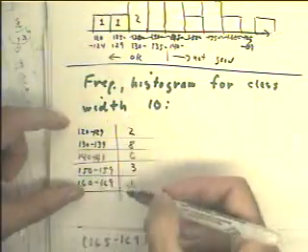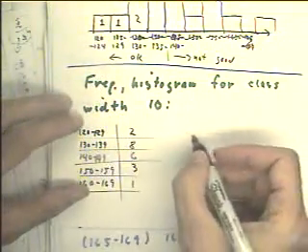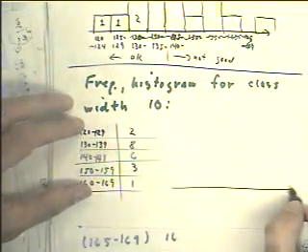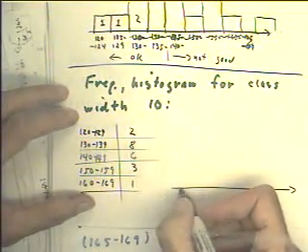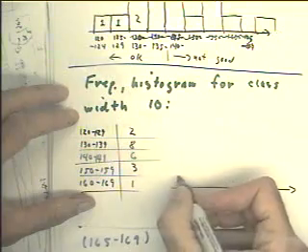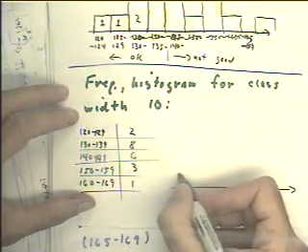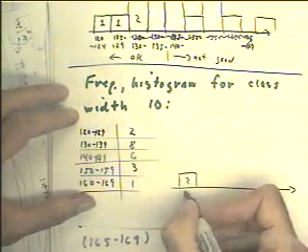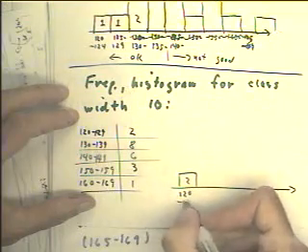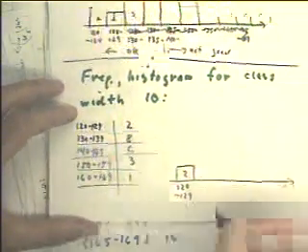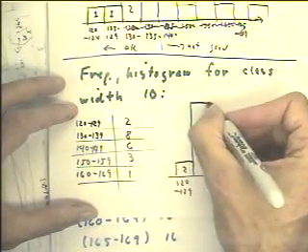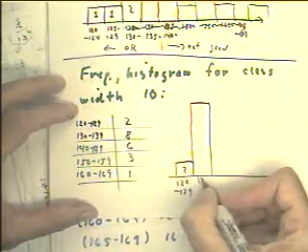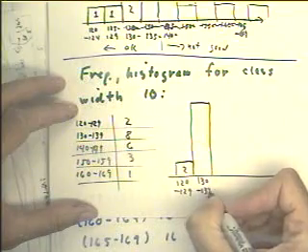So we could use a different class width, a width of 10, and if we did, the histogram would look just a little bit different. We'd be lumping more information together. Let's say here we've got 2 between 120 to 129. Then we'd have 8 between 130 and 139.